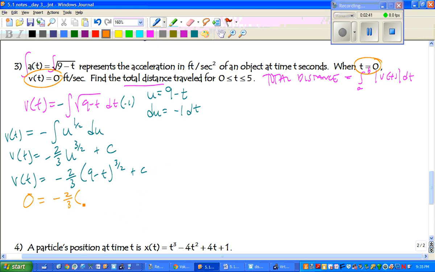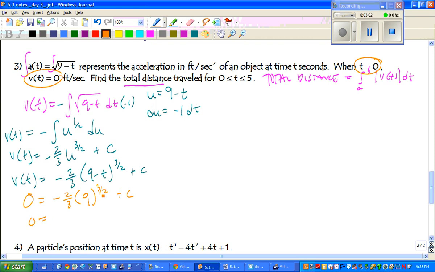We get negative 2/3 times 9 minus 0, so just 9 to the 3/2 plus c. Remember, 9 to the 3/2, we're cubing and taking the square root. So I'm going to square root first, just easier that way. You could do it either way. Square root of 9 is 3. 3 cubed is 27.